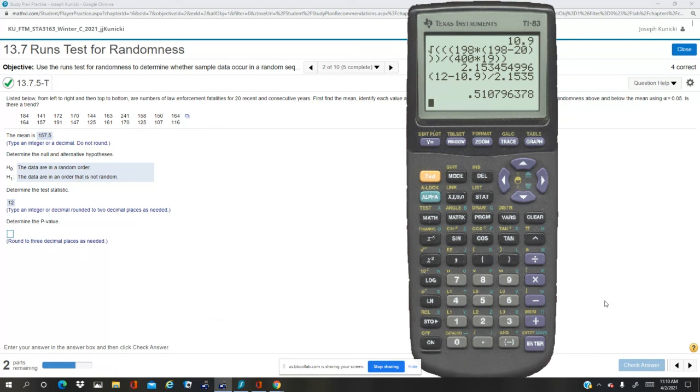All right, so the p-value, let's do 0.5108. The p-value is going to be between the positive and negative, the tail values.